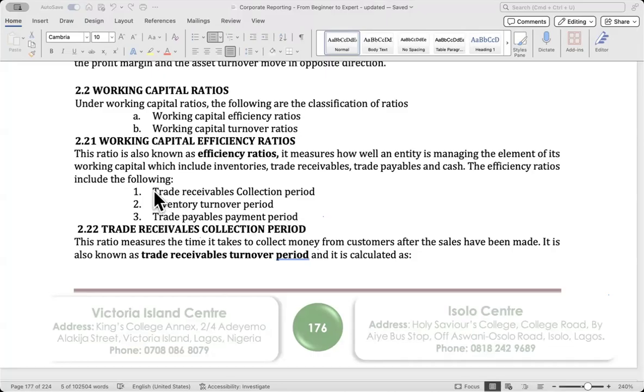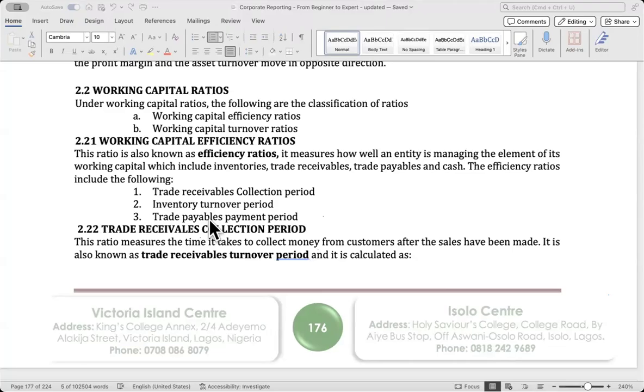Also, when you combine trade receivables collection period, inventory turnover period, and your trade payables period, by adding trade receivables collection period to inventory turnover period and removing your trade payables payment period, it gives you an operating cycle, which is the period between when you start a business and when you end it.